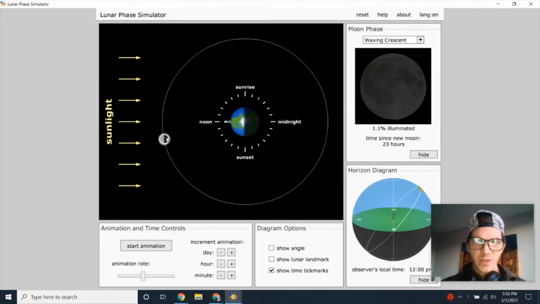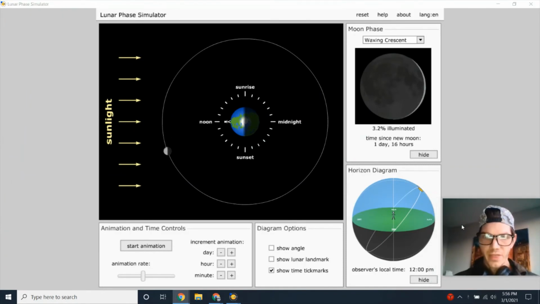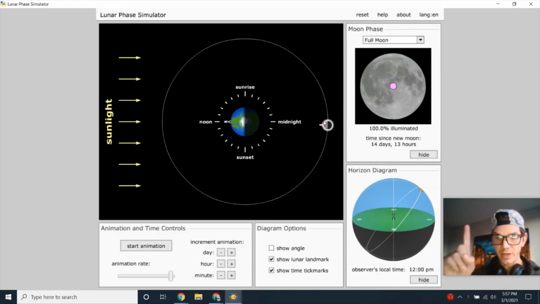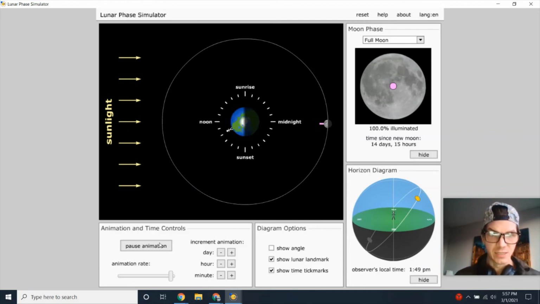Okay, let's use this simulator to take a look at one more thing. And in order to do that, we are going to put a landmark on the moon, just like that American flag that we put there. So right now, this landmark is going to kind of serve as a placeholder. And if we watch the moon revolve around the Earth, we're also going to pay attention to how long it takes that flag to rotate one time, to finish one rotation, just like this observer on Earth is spinning around really quickly.